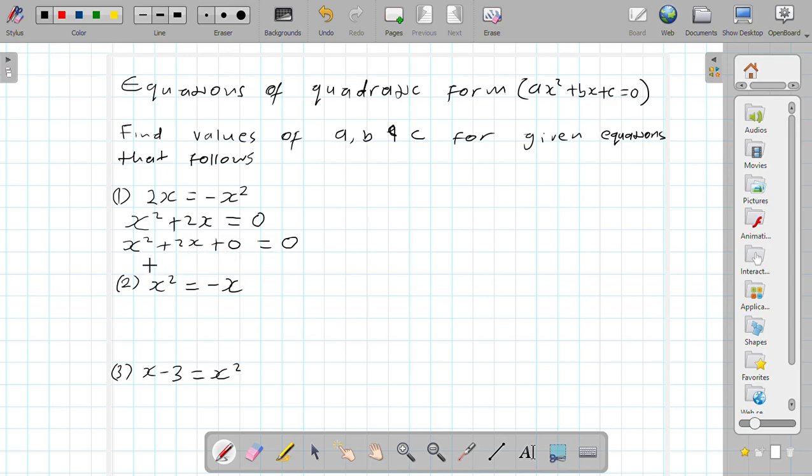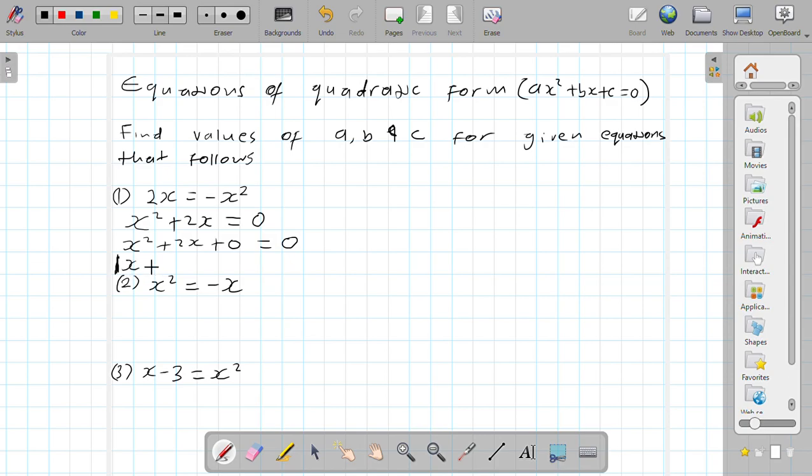So from this part, you are also probably unsure what would be the value of a here. So you can extend it a little further by putting a 1 for your coefficient of x squared.